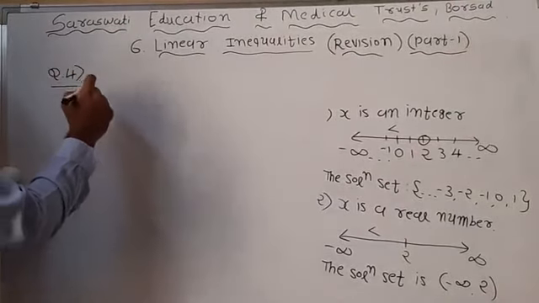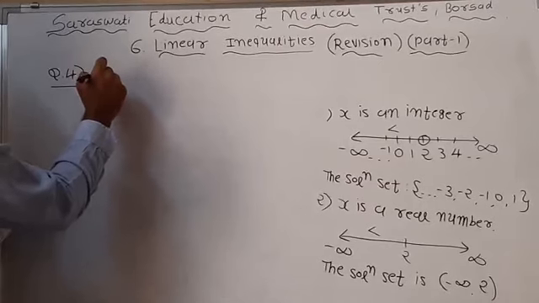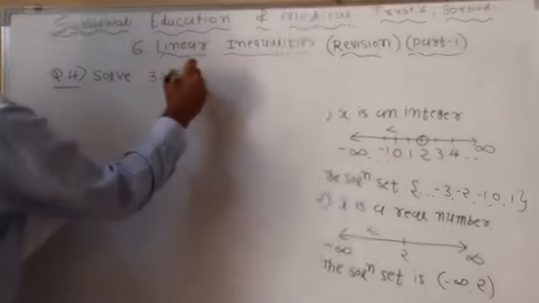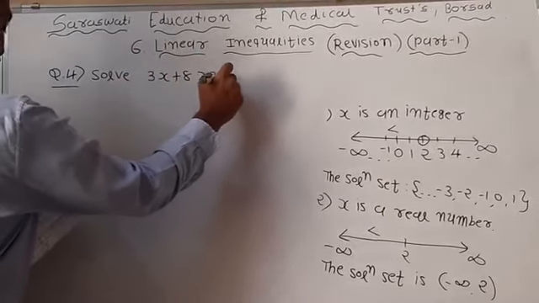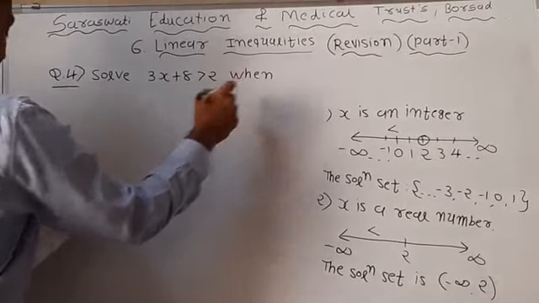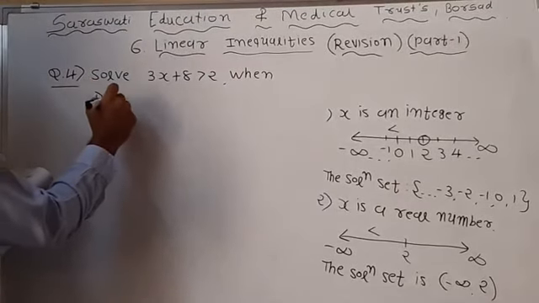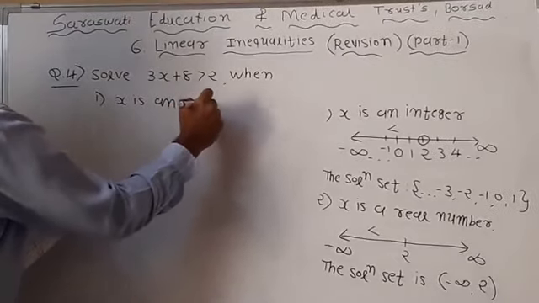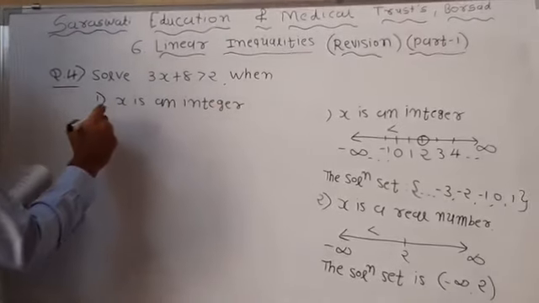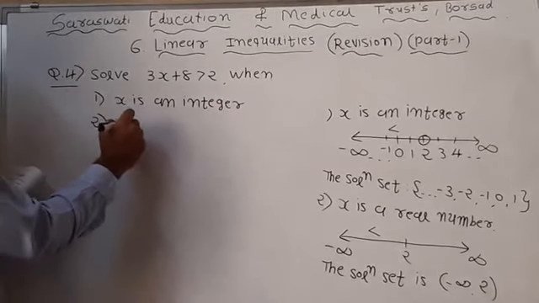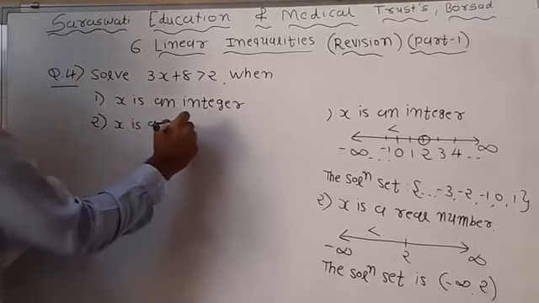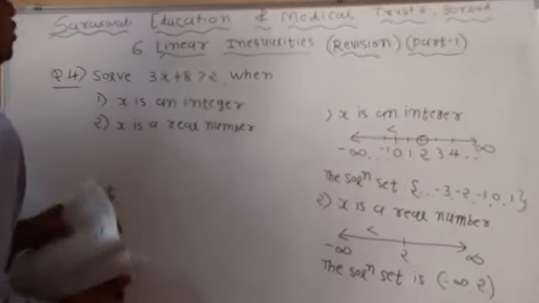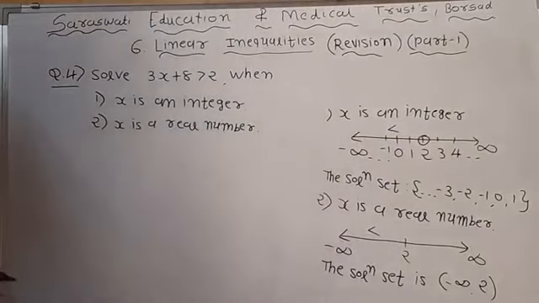Now question number 4. Next question. Solve 3x plus 8 greater than minus 4. The first condition is x is an integer. The second condition is x is a real number. Again the same method applies here.